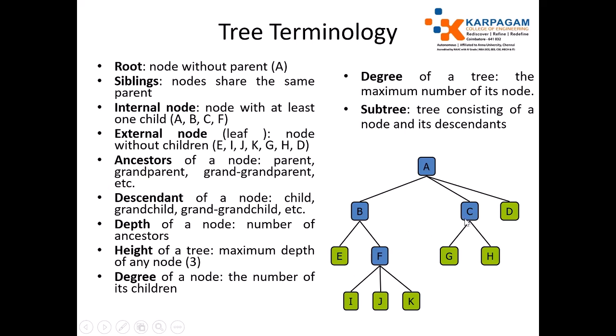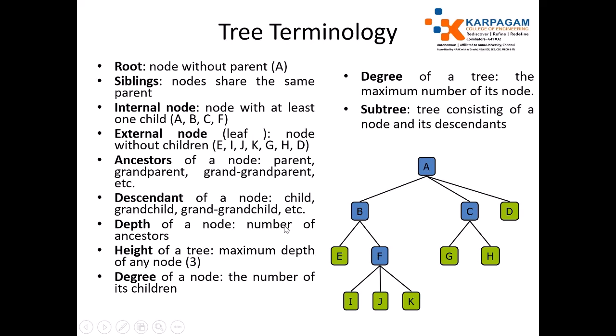For example, the descendants of C are G and H. The ancestors of G and H are A and C. The ancestor of D is A. The ancestors of F are B and A.